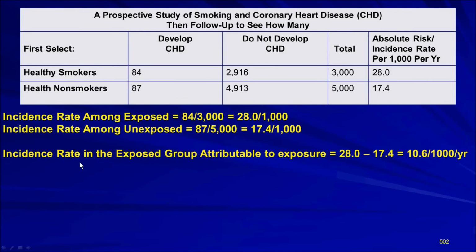Okay, and we'll talk more about these so you can translate them, and you know that risk is relative to a population, and that this is a hypothetical population. So you can say, well, if we had a hypothetical group of 1,000, 10.6 would be at risk if they smoked.